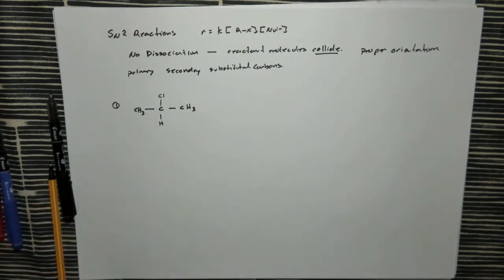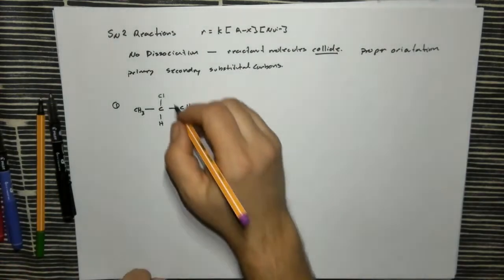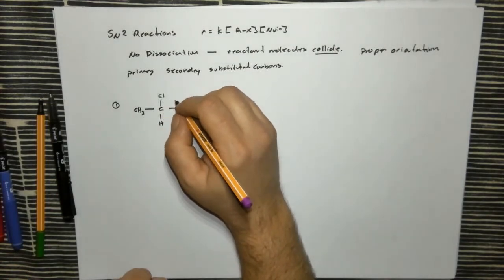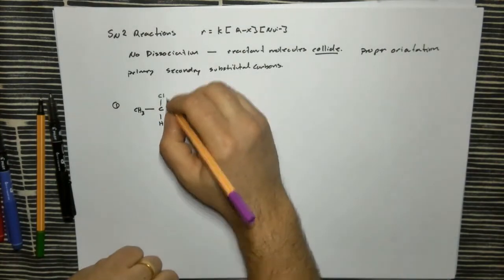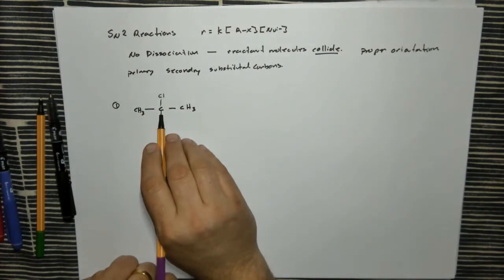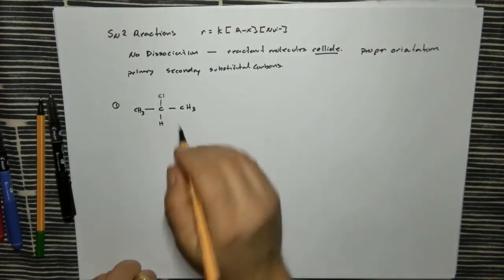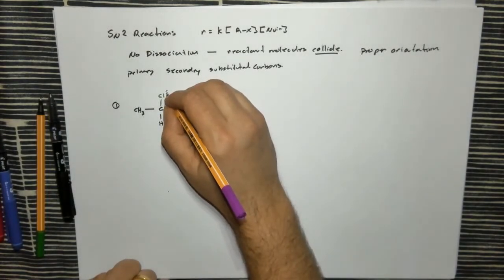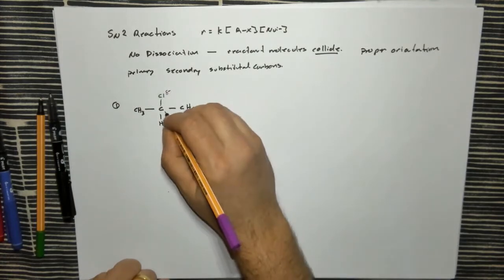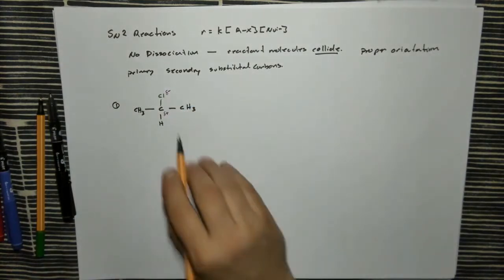Now let's recall that in order for this reaction to occur, there's a little bit of a thing that we have to add here, which I began the little video with, which is that this bond between carbon and chlorine is polar. You represent this polarity by writing these little symbols in.